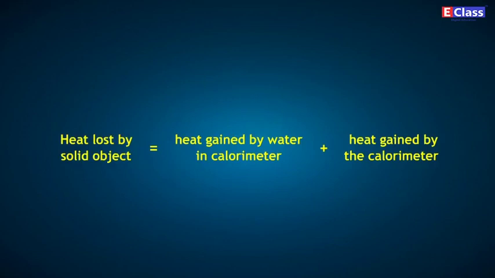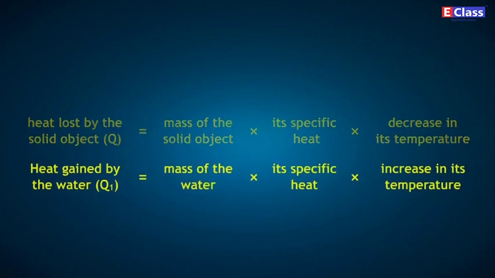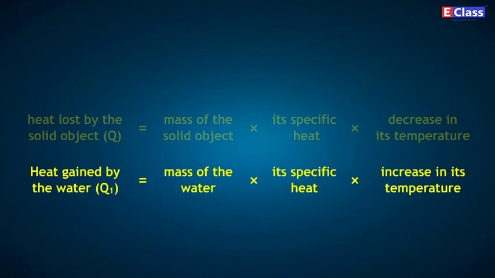Here, heat lost by the solid object Q is equal to the mass of the solid object times its specific heat times the decrease in its temperature. Similarly, heat gained by the water Q1 is equal to the mass of the water times its specific heat times the increase in its temperature.